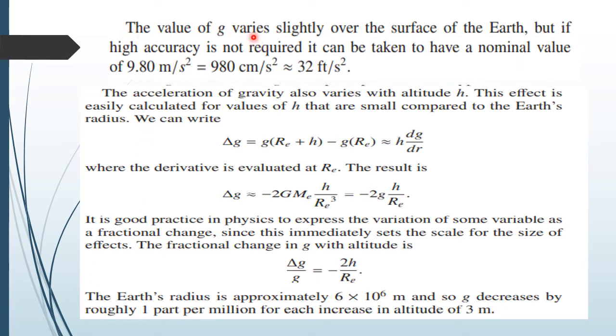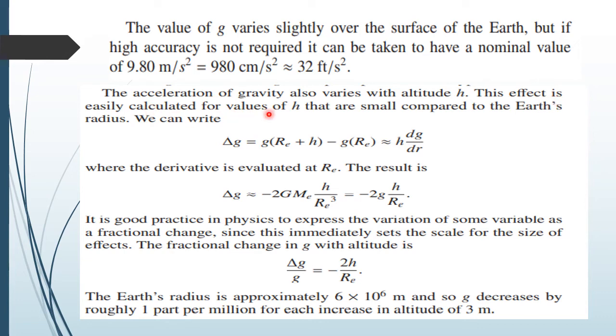Now the value of g varies slightly over the surface of Earth, but if high accuracy is not required, it can be taken to be 9.8 meter per second squared, or 980 centimeter per second squared, or 32 feet per second squared. Now what is the variation of g with altitude?